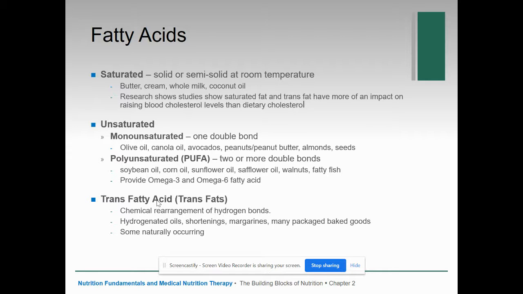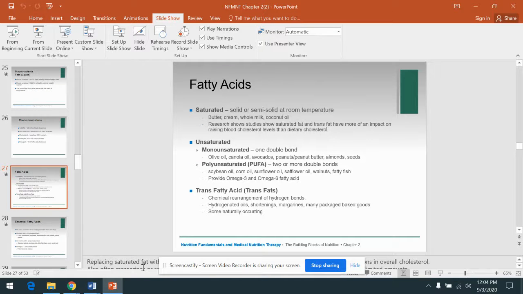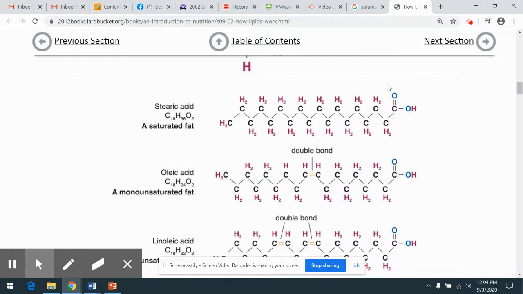Now, when we look at unsaturated fats, what that means is that the fatty acid chain is not saturated with hydrogen. So let me just pull up a picture of the fatty acid chains to help you with visualizing that. So you see on the top there, we have a saturated fat, okay?